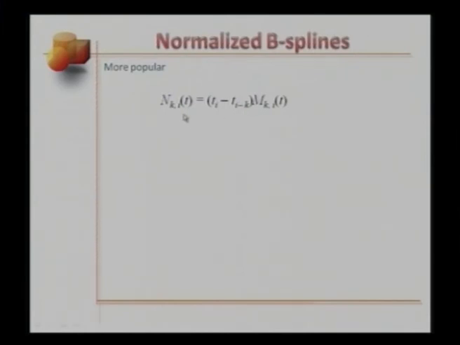In other words, you get a normalized basis spline by multiplying Mki with the entire knot span over which this basis function stands, which is ti minus ti minus k.